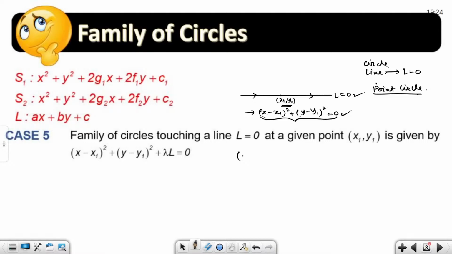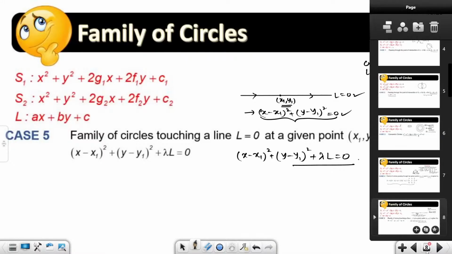The equation of the family of circles will be x minus x1 whole square plus y minus y1 whole square plus lambda L equals 0. Tell me yes or no. So these are the 5 cases that we have to remember. Interestingly, we have learned 3 cases. One is when we have been given a line. Let me just go to that slide.